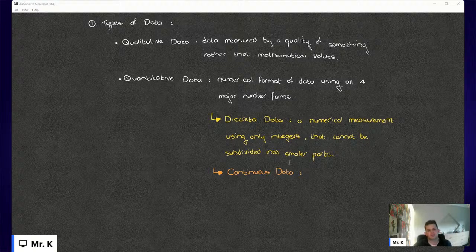So for example, maybe I can talk about the number of shopping malls in South Africa, right? That's going to be a definitive number that cannot be broken down into pieces. I can't say that I have 6.5 shopping malls available. It's either 6 or it's 7.